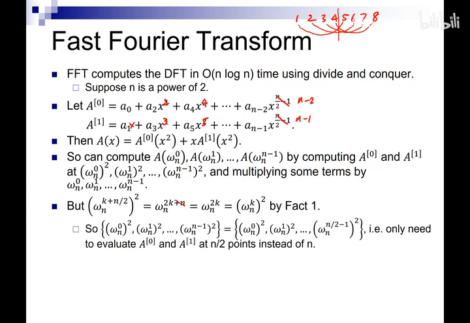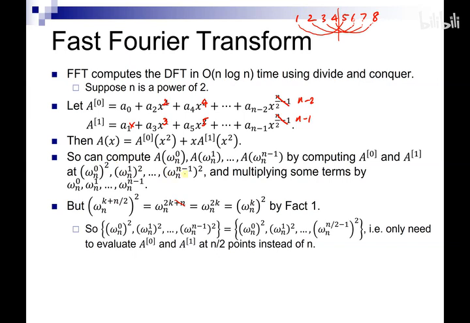However, by this property, if you take the first value and match it up with the middle value, then take the second value and match it with the middle plus first value, and so on, once you do this matching, these values become the same. This value is equal to the middle value in this list, and this value is equal to the middle plus first value.